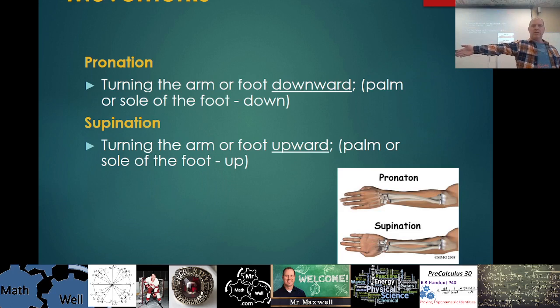Supination would be going upward. Some of these are really close to being the same. Some are specific to body parts, but supine is lying down face up. So supination: turning the arm or foot upward, palm or sole of the foot upward.